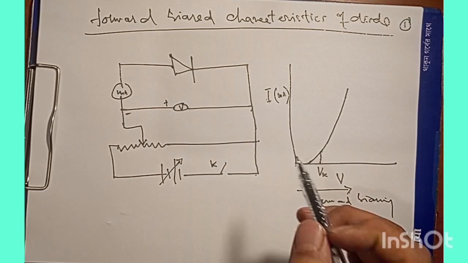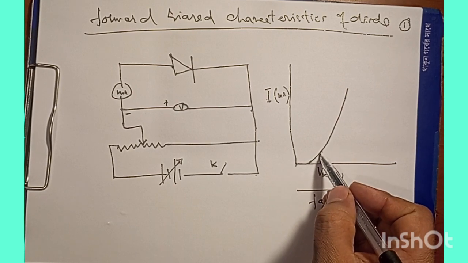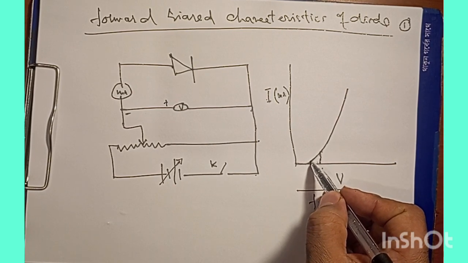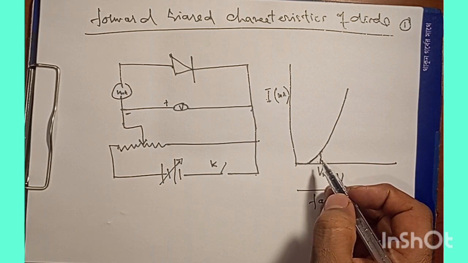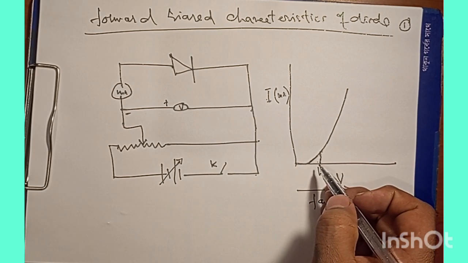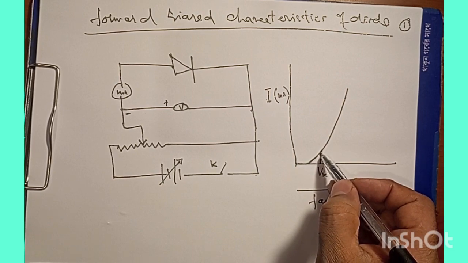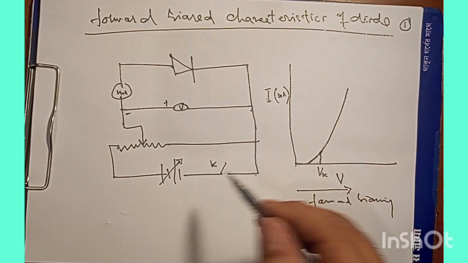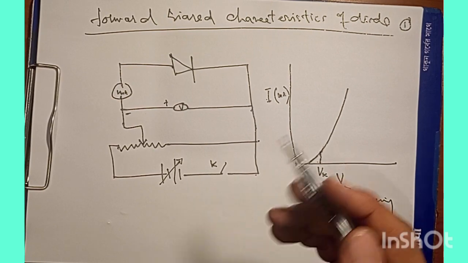So the resistance across the junction of the diode is large below this knee voltage. The opposition is large, and the resistance across the junction of the diode decreases above this knee voltage. So when we reach this knee voltage, the resistance goes down.